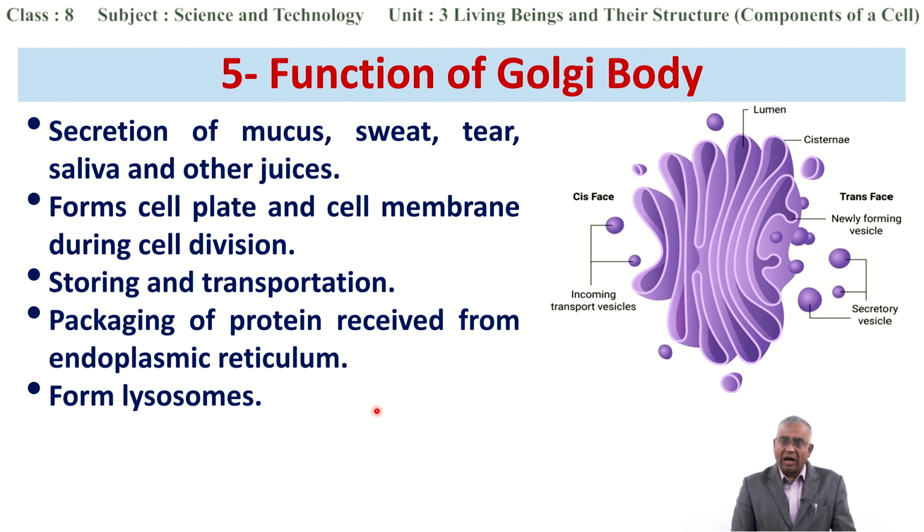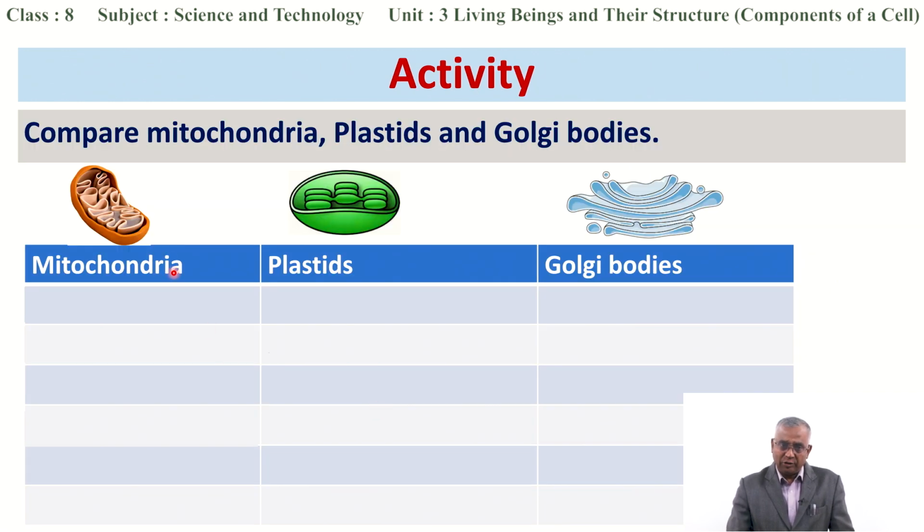Before that, I am going to give you one activity in which you have to compare mitochondria, plastid and Golgi body. About two of these you have finished in prior classes. So here diagrams are given to recall something about them, and something you can compare by seeing the diagram. They also hint at the structure, and you can recall the function also.